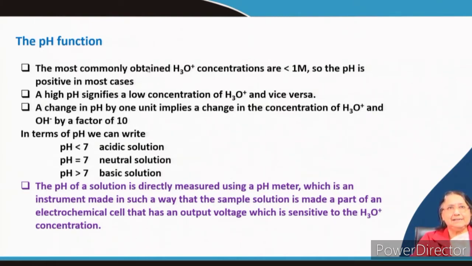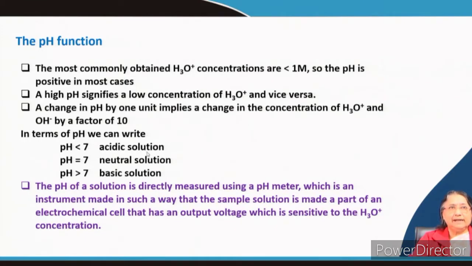In very rare cases it may be negative also, and the pH can go a little above 14, but in general we can tell that the pH scale is 0 to 14, and we know that a high pH signifies a low concentration of H3O plus and vice versa, and a change in pH by 1 unit implies a change in the concentration of H3O plus and OH minus by a factor of 10.